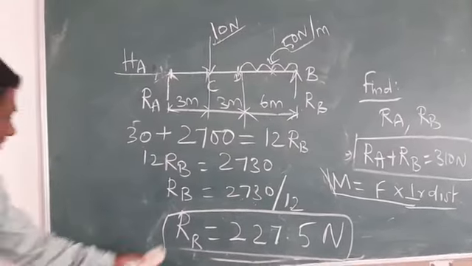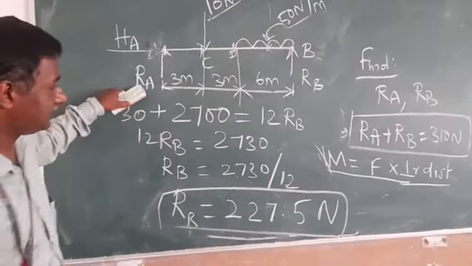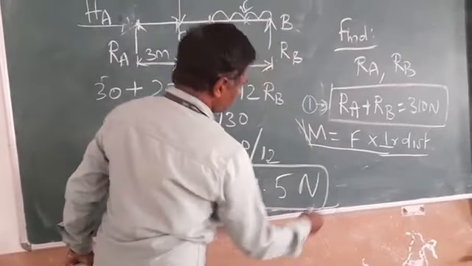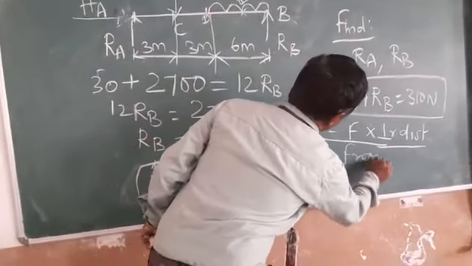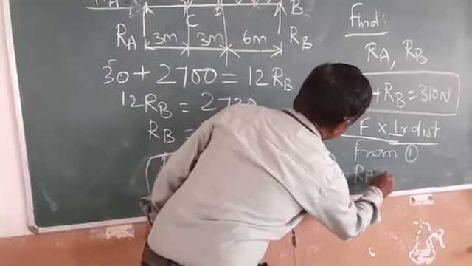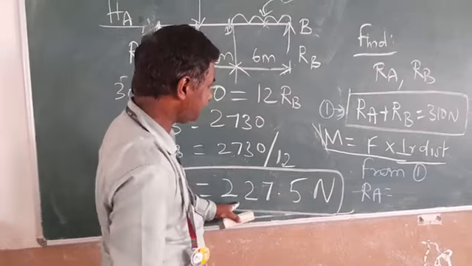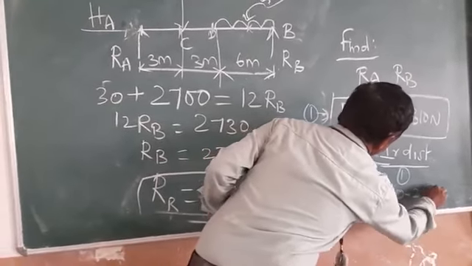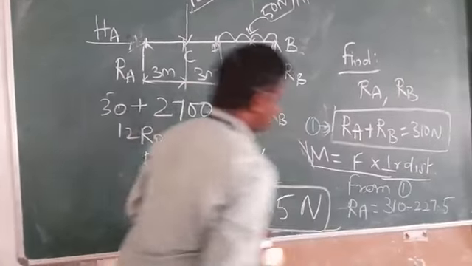Then what about the value of RA, the support reaction at A? Here we already have equation number 1. From equation 1, RA equals 310 minus 227.5.